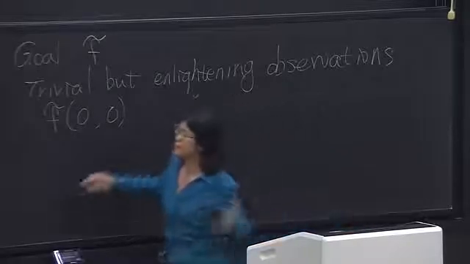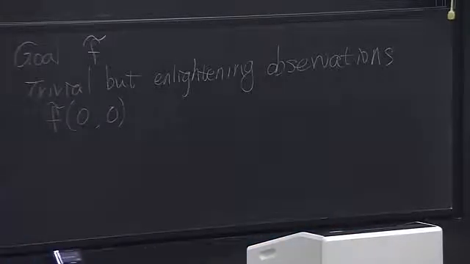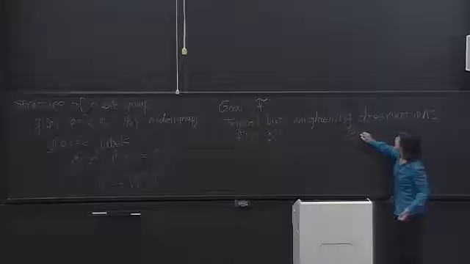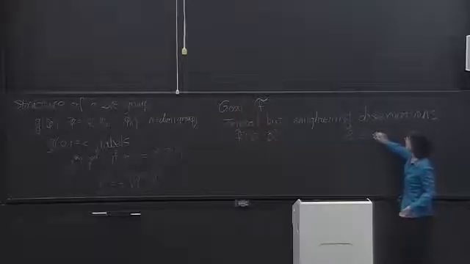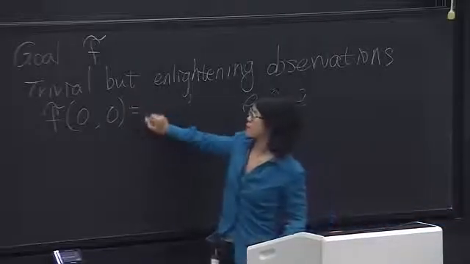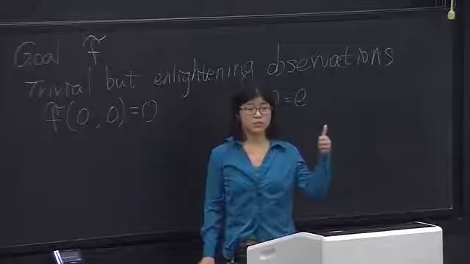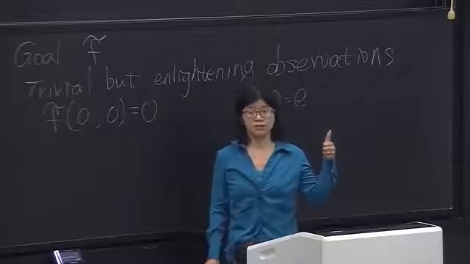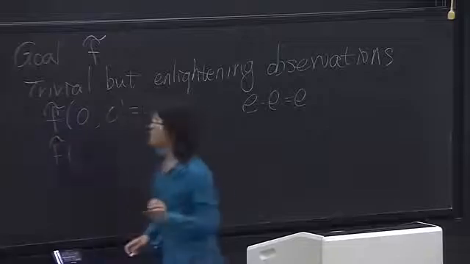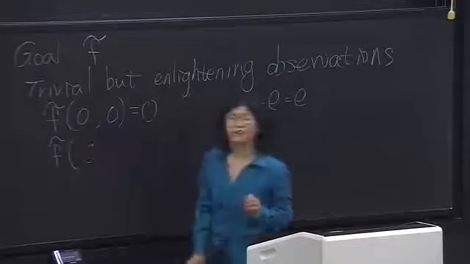Well, let's do that. Let's go back to our group multiplication. That's identity times identity. It equals identity, which says our parameter is 0. Trivial observation number 1.